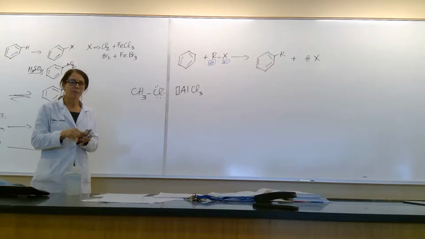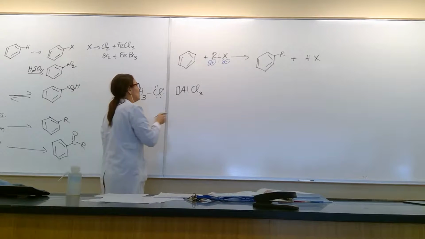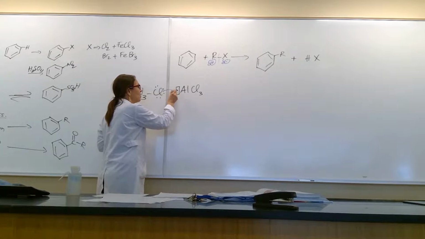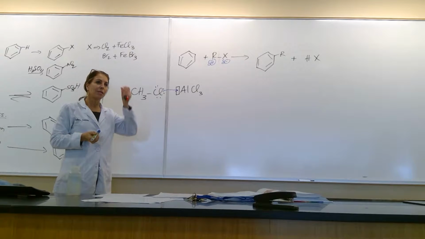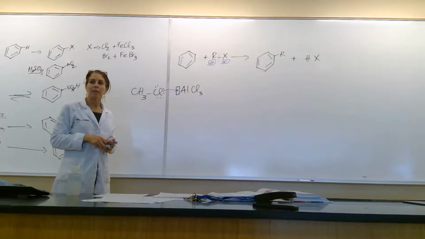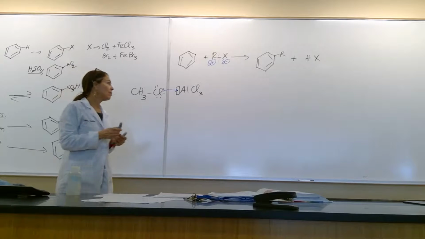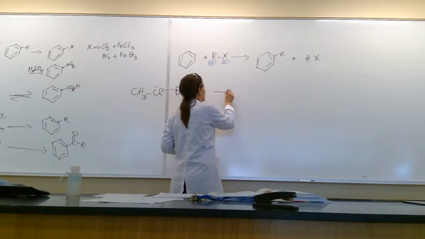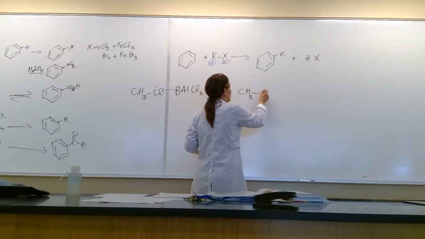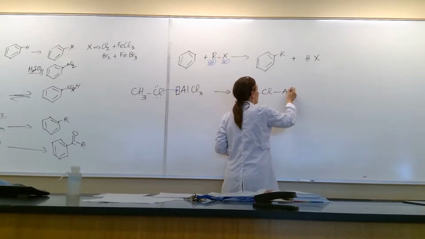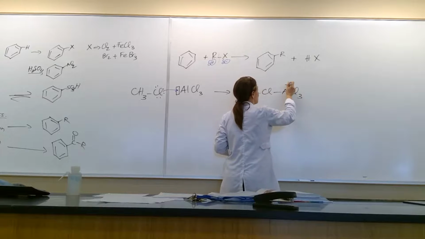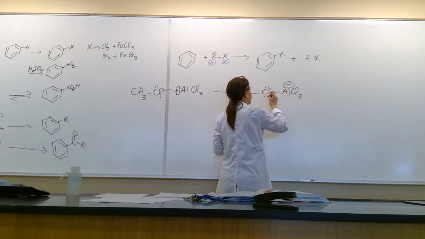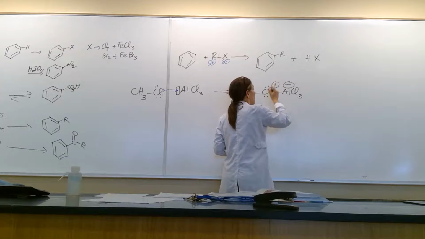Okay, methyl chloride. So just like in the previous scenario, the chlorine, and in 201 they talk about this complex of elements with the aluminum. So you end up with a CH3, Cl, AlCl3. So you already know this is negative, and this is now positive.